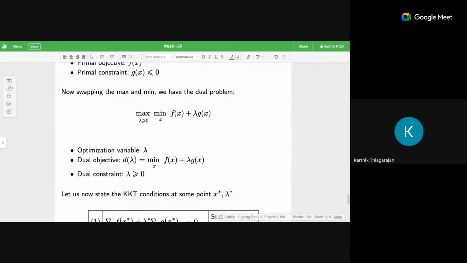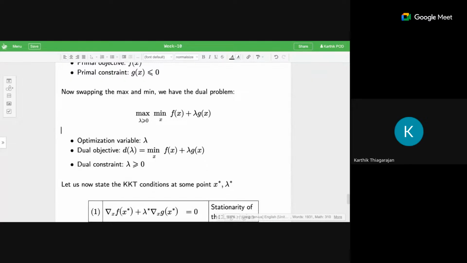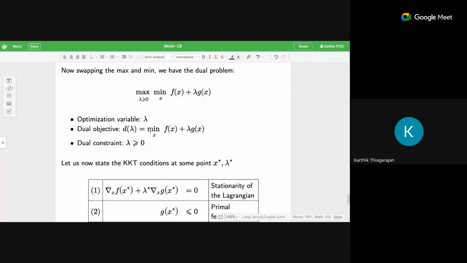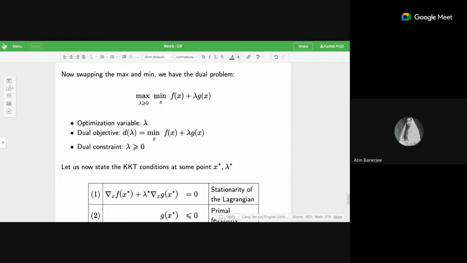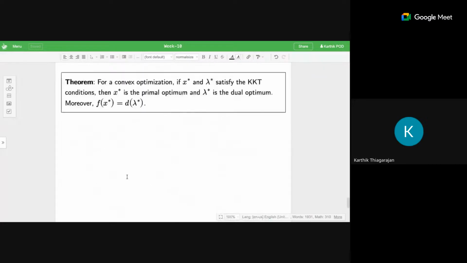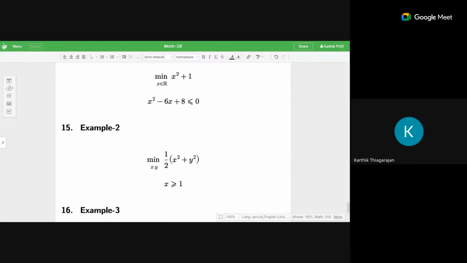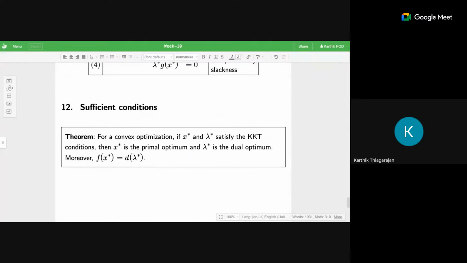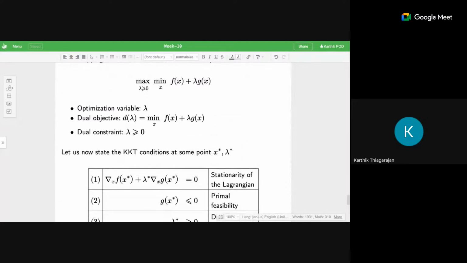Okay, so we'll solve some examples. I have deleted this, but there will be some examples where I do the same thing. That will be very helpful, because once you put the example, it becomes very clear. There are some 3-4 examples we'll do. So I'll just quickly go through this sufficient condition and we'll go there.